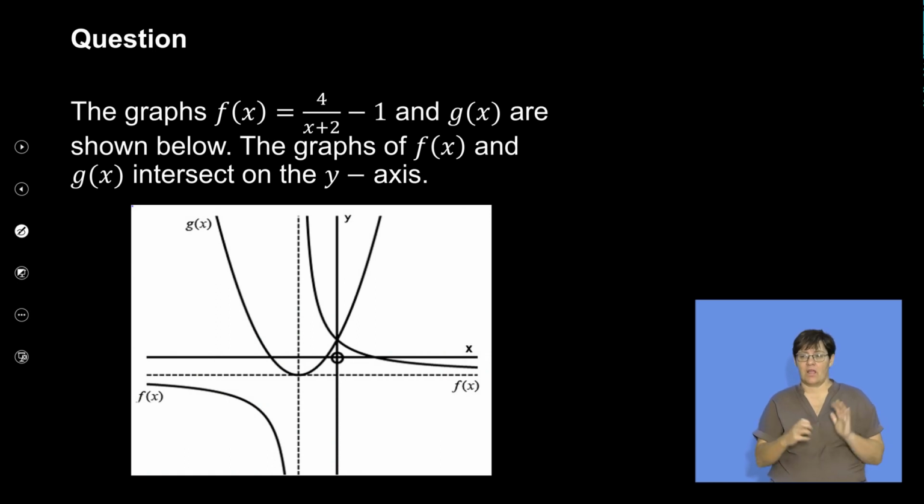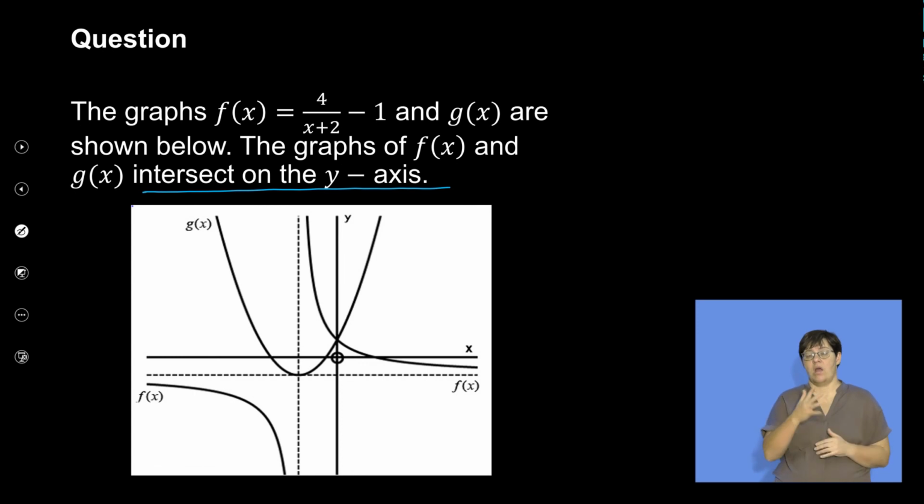And then the graphs of f of x and g of x are shown below. These graphs intersect on the y-axis, right? You can see they intersect there, although we don't know what that point is. But now what do I know on this graph? I definitely know that x is equals to minus 2 will be the vertical asymptote.